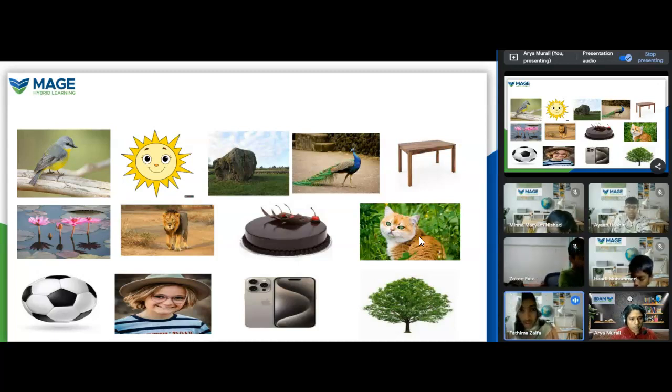Can I take my ruler? Yes, yes. Is it completed?